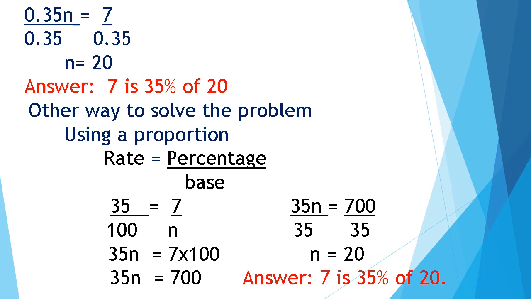Now, we are going to divide both sides by 35. So 35n divided by 35 is equal to 700 divided by 35. So we cancel 35 and 35. So the remaining is n is equal to 700 divided by 35. The answer is 20. So the missing number is 20. So the answer is 7 is 35% of 20.